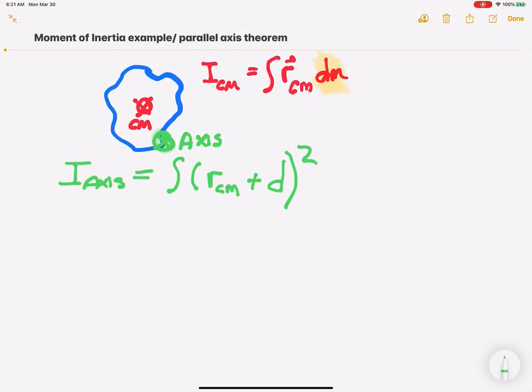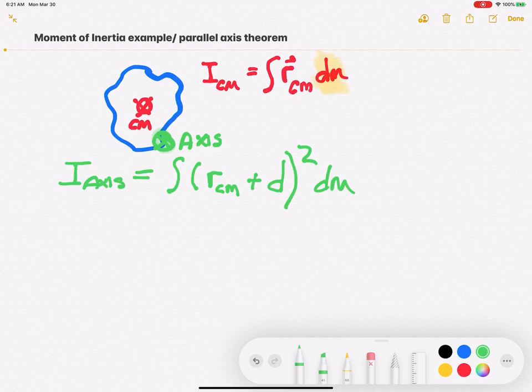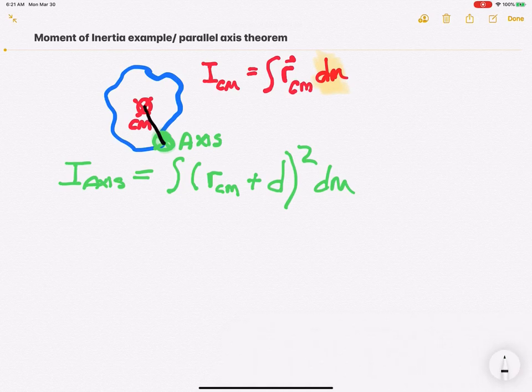So this is a generic looking system when our axis is located at distance d away from the center of mass location.